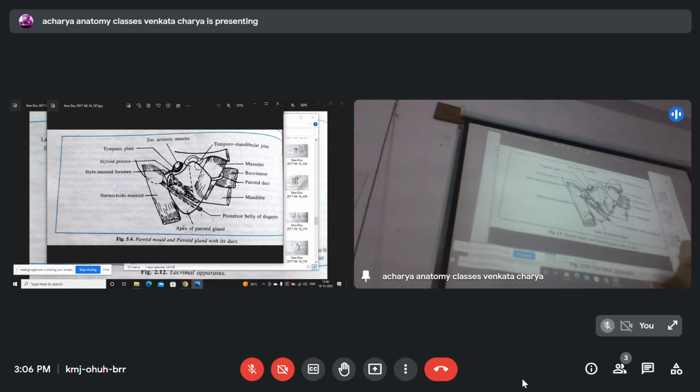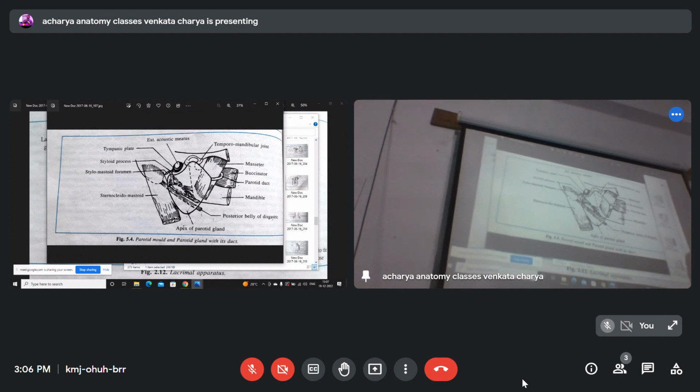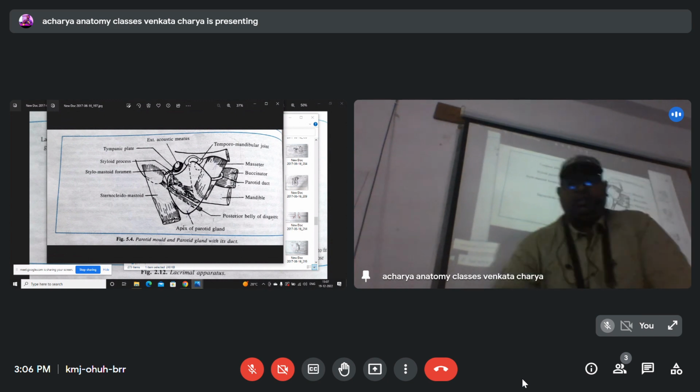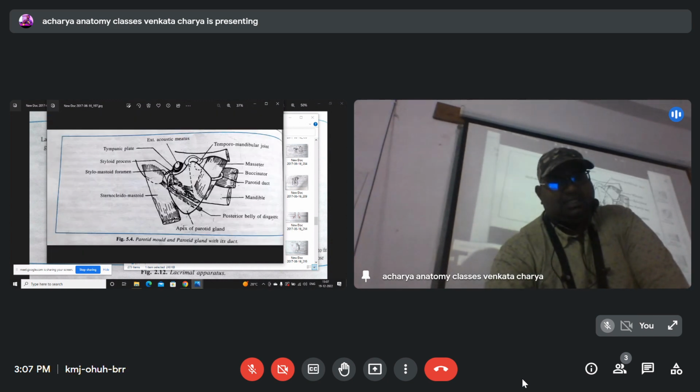Next, it consists of three surfaces. Number one, superficial surface. Next, anteromedial surface.